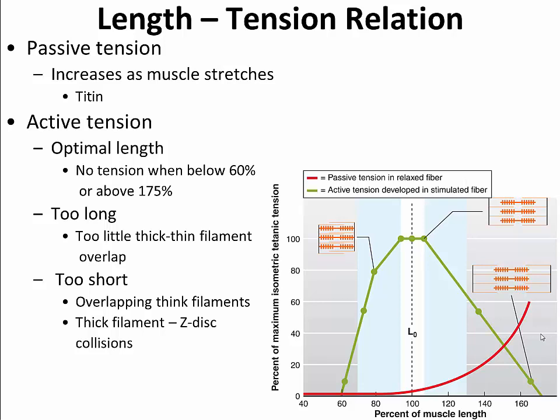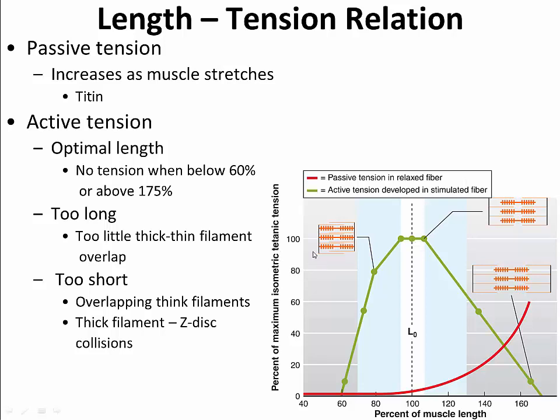Mostly what we're going to focus on in this diagram is the active tension, which is shown in the green line. And so on the y-axis, we have the tension that's generated, and on the x-axis, we have the percentage of muscle length. What we'll notice is that at the L of 0 that we described a moment ago, we get maximal muscle contraction.